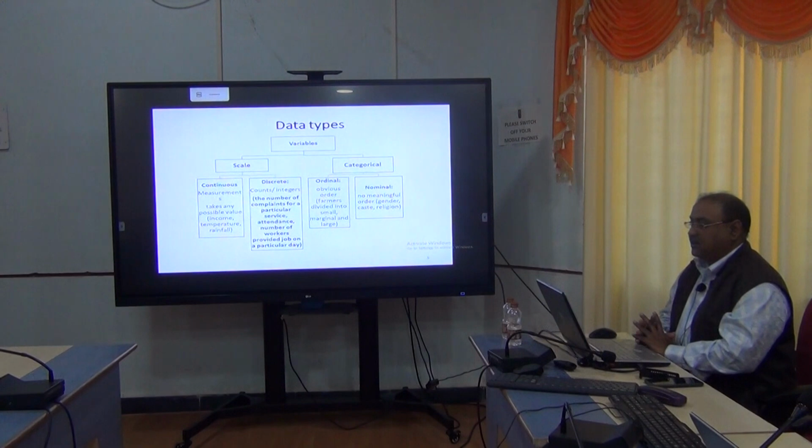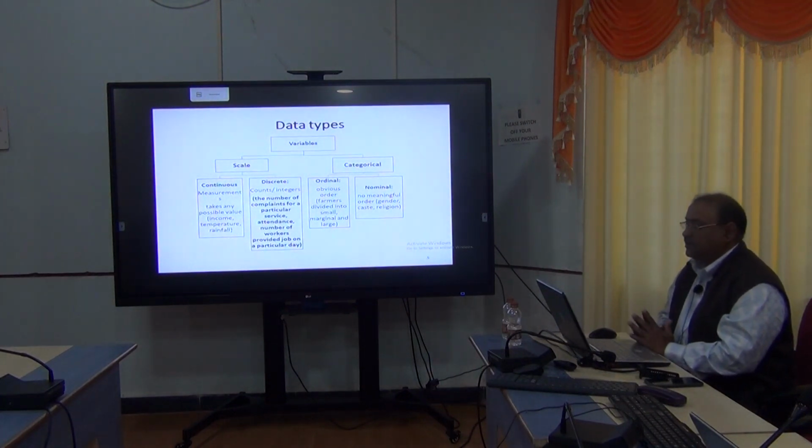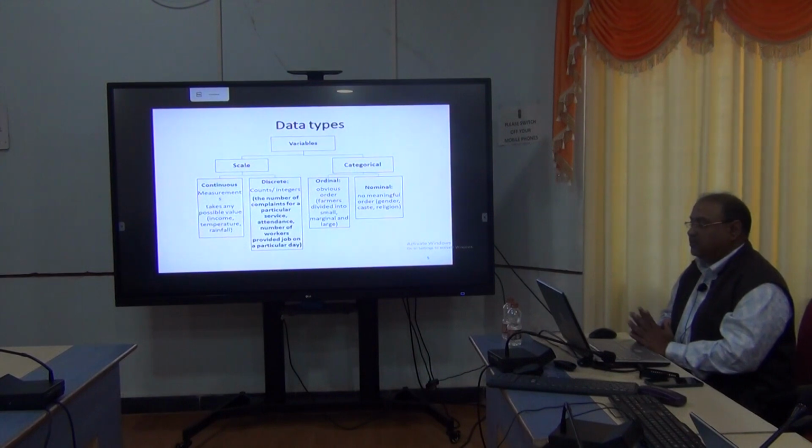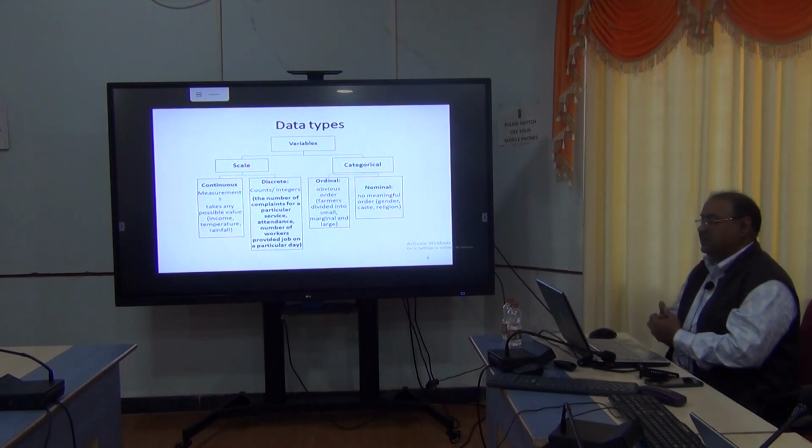Then we can look at what kind of variables we deal with. The two broad categories of variables we deal with in statistical application are the scale variables and the categorical variables. The scale variables can be continuous as well as discrete variables.